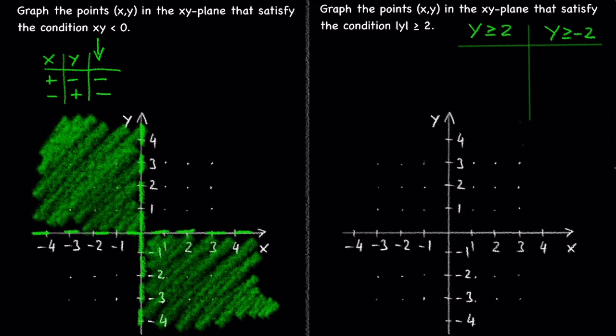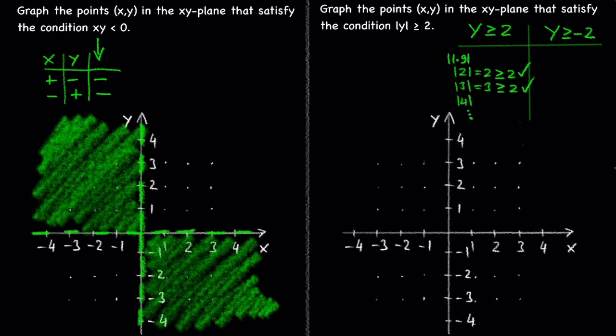Let's try to understand this better. The absolute value of 2 is 2, and 2 is greater than or equal to 2, right? The absolute value of 3 is 3, and 3 is greater than or equal to 2, right? The absolute value of 4, and so on. What about the absolute value of 1.9?